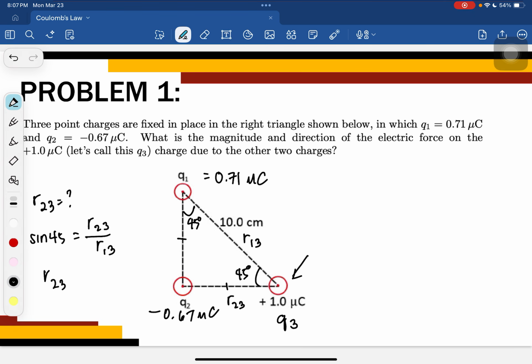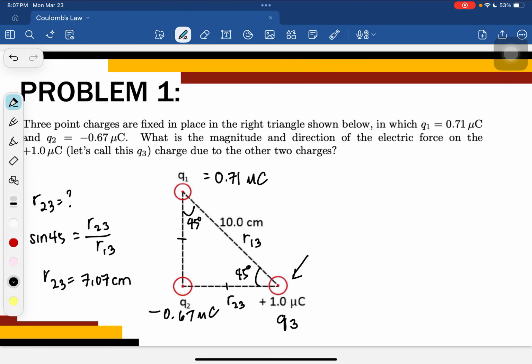So R23 is R13 sine 45. R13 is 10 centimeters times sine 45. This I haven't solved yet, so you might be hearing my calculator every now and then. So this is 5 square root of 2, so that's 7.07 cm. So we already have the basic info that we need to continue solving the problem.